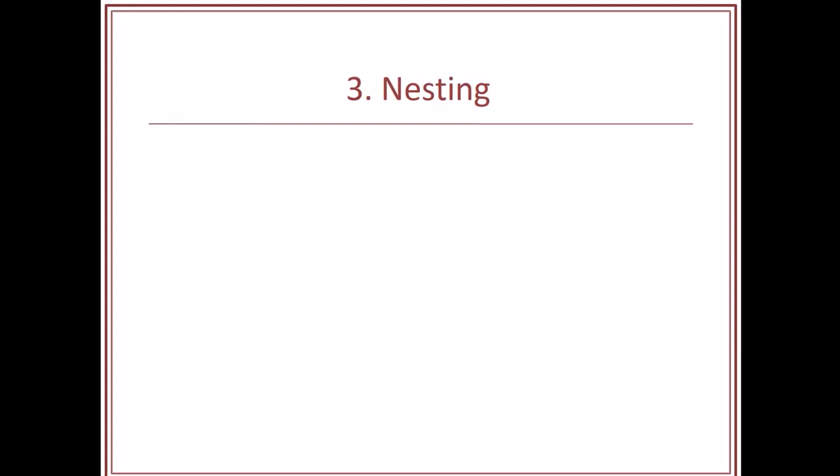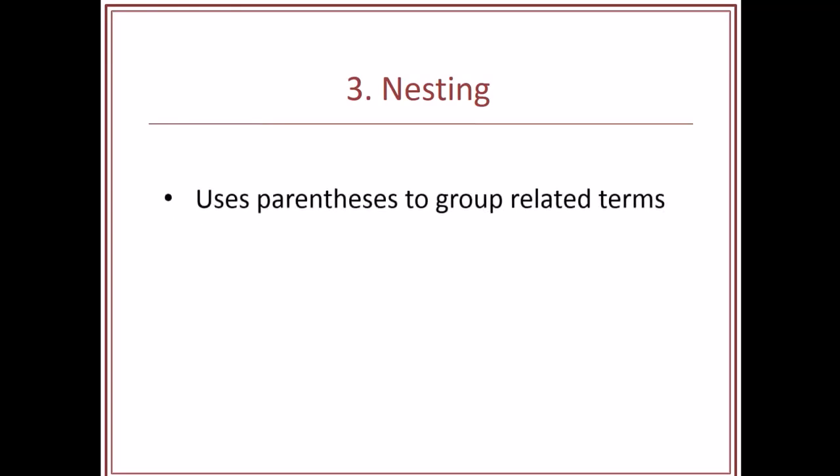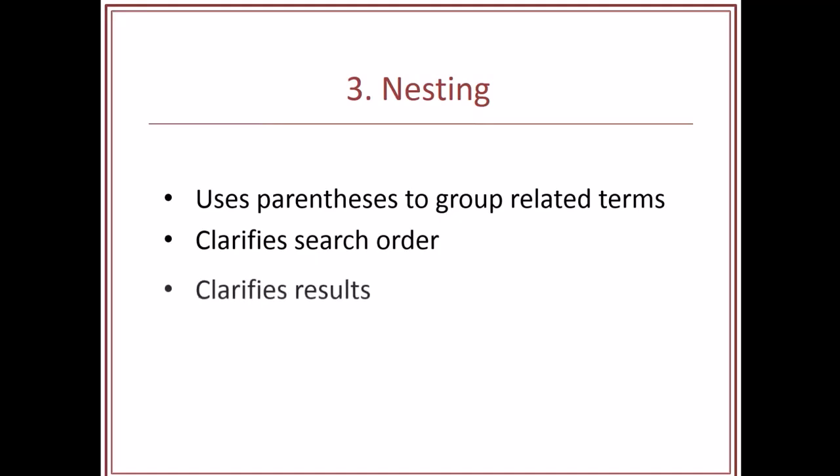The third basic search strategy is nesting. Nesting groups related terms inside parentheses to clarify the order of the search. Grouped terms are searched first, as in a mathematical equation. Nesting clarifies results by allowing you to search for either one or another term first, and then combine with a third term.